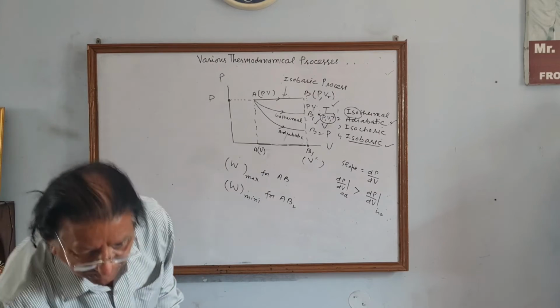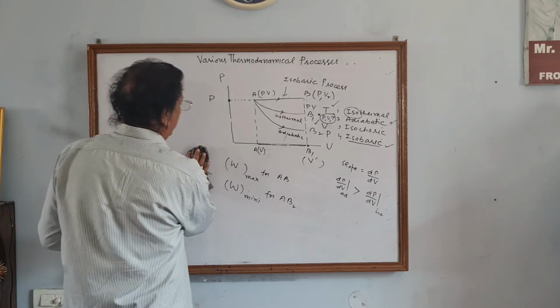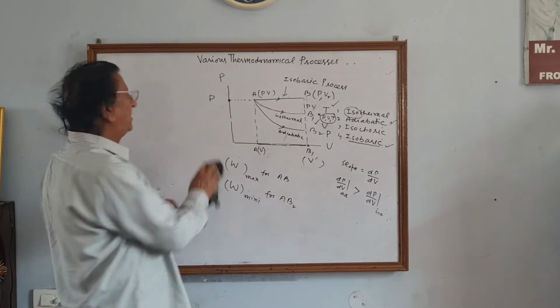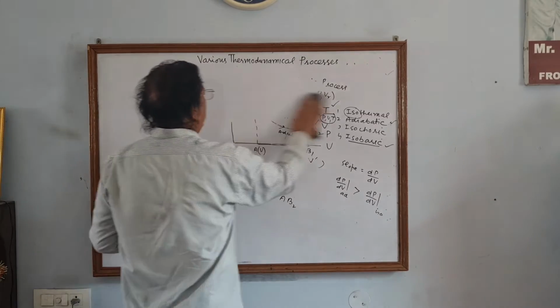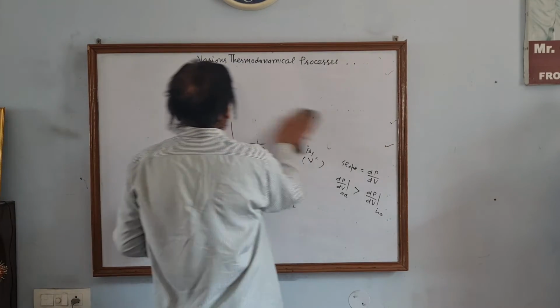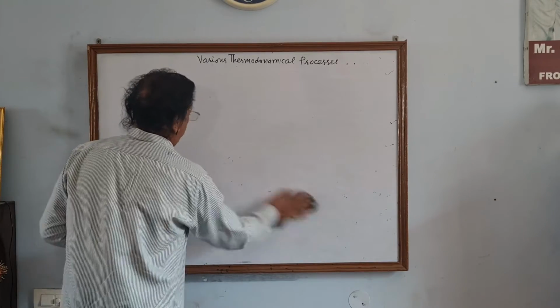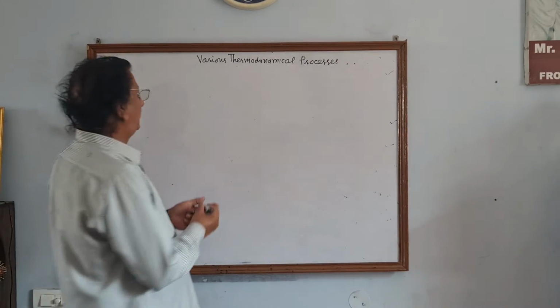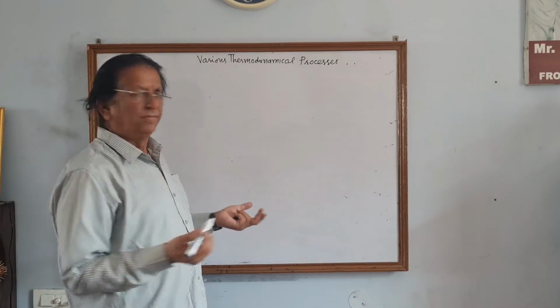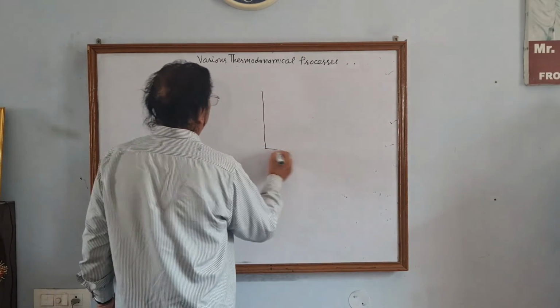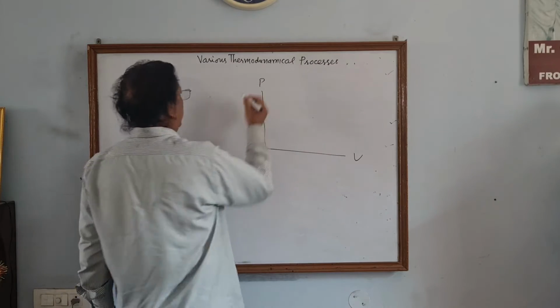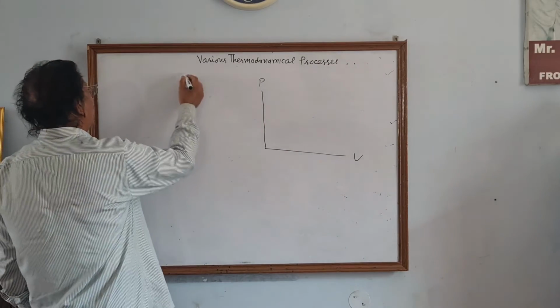Now I give you one more question related to graph. I will not give you the graph. You will suggest to me what type of graph. The graph will be between P and V only. What is given?